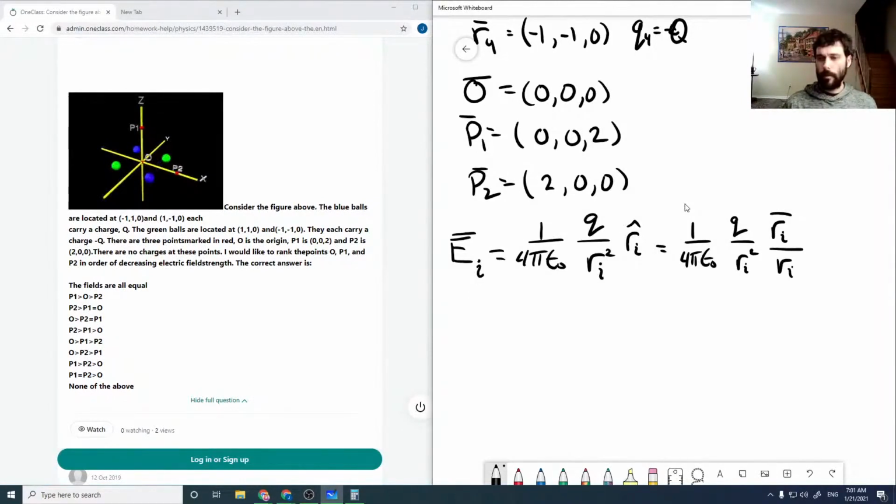And so you can wrap these into Ri cubed there. So to get this, we're going to need all our vectorial directions.